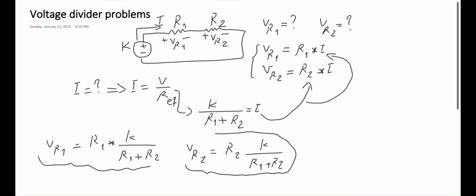There is something interesting to figure out here, and that is the fact that the voltage across R1 is R1 over R1 plus R2 times the power source, and voltage across R2 is R2 over R1 plus R2 times the power source. You can memorize this formula because you can use it in so many voltage divider problems.